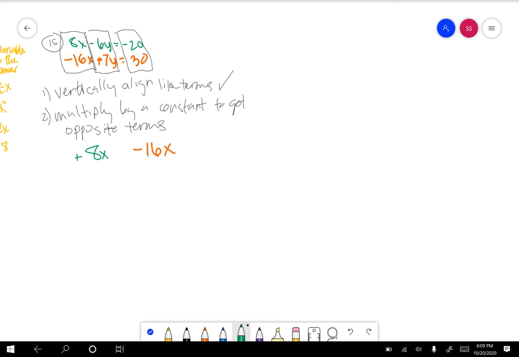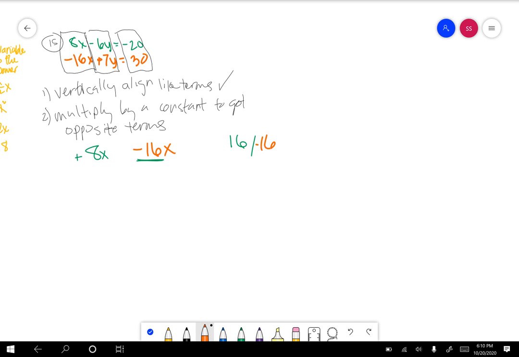But we do need to multiply 8 by something to get to 16, right? Because we want the exact opposite of this. We want to get to positive 16, okay? The exact opposite of 16, sorry, I meant to do positive there, would be negative 16, okay?